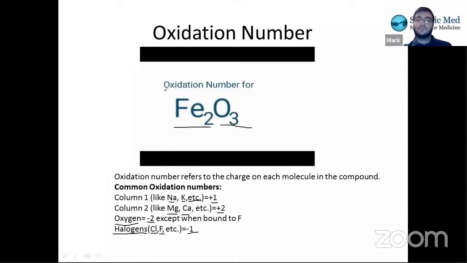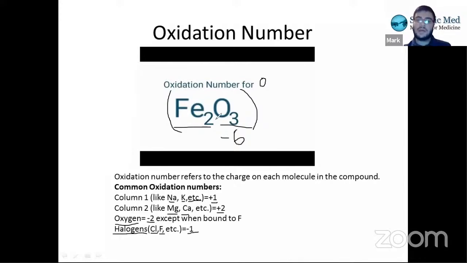So if we know the overall charge of a compound, let's say this had an overall charge of 0, and if they don't give you a charge, that means it's usually charge 0, right? So they give you the overall charge is 0. You know that each oxygen has a charge of -2. The charge of all of the oxygens in this compound is -6. But you know that this compound overall is 0.